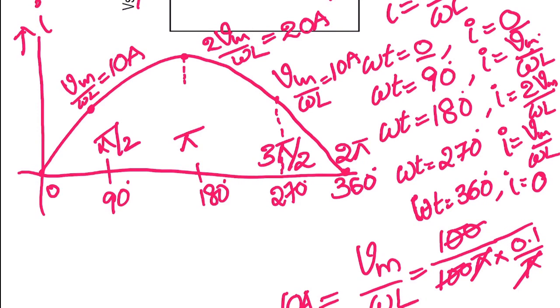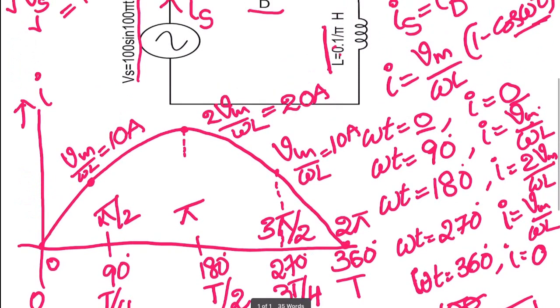If I take it in terms of time period, at 360 degrees this will be the total time period T. This will be T by 2, this will be T by 4, this will be 0, and this is 3T by 4.